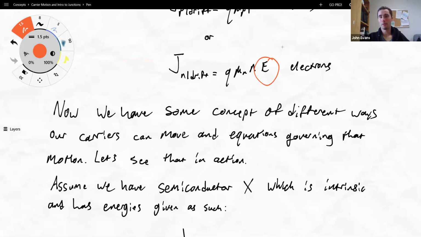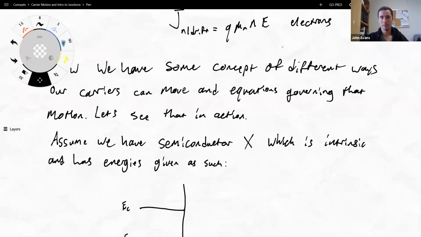So we have a positive relationship between drift current and electric field, and a positive relationship between the diffusion current and our concentration gradient. Okay, cool. So that's going to be important in building a junction, because now we have a concept of the different ways our carriers can move and the equations that are governing them.